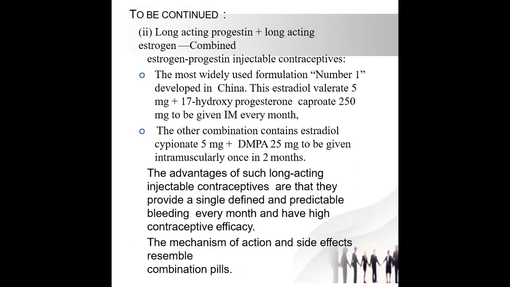And there is another preparation where there is a combination of long-acting progestin plus long-acting estrogen. That is estrogen-progestin injectable contraceptives. The most widely used formulation is number 1, developed in China. This is estradiol valerate 5 milligrams plus 17-hydroxyprogesterone caproate 250 milligrams, to be given intramuscularly every month.